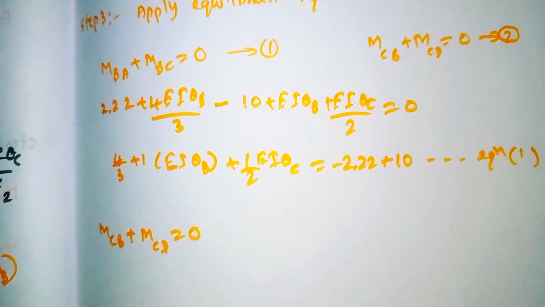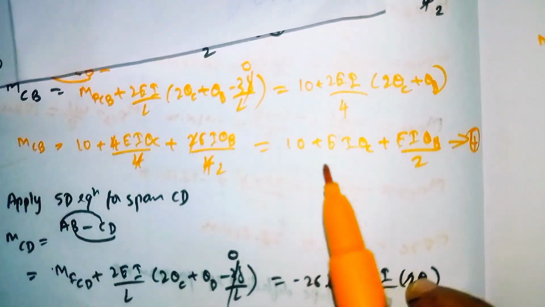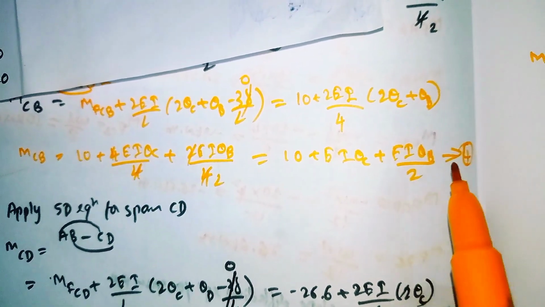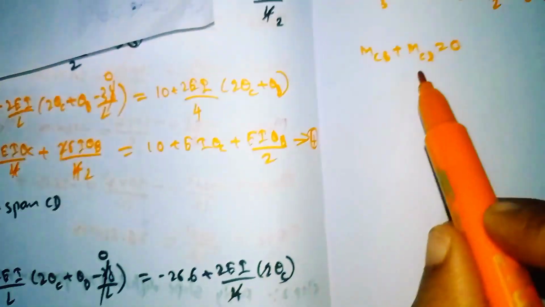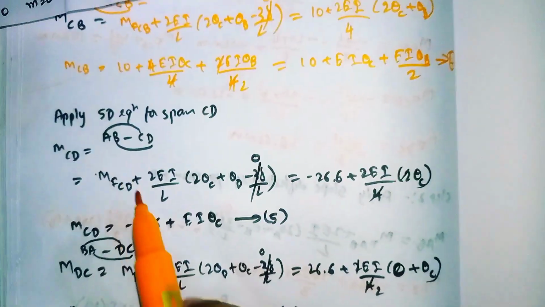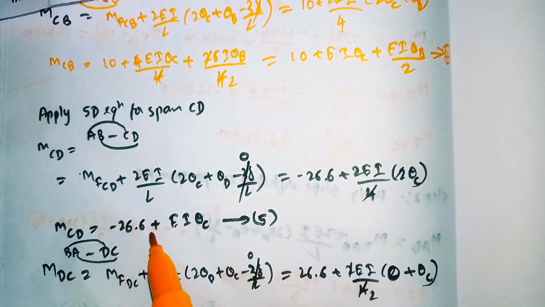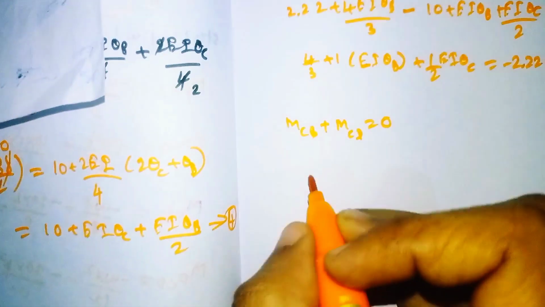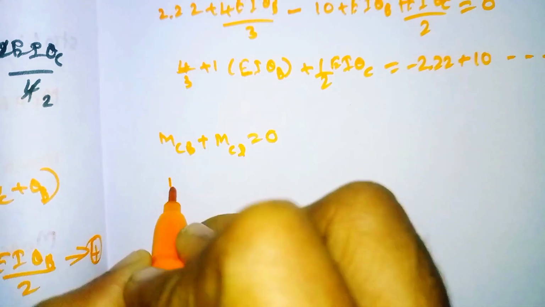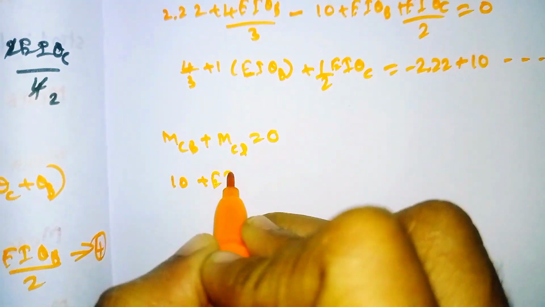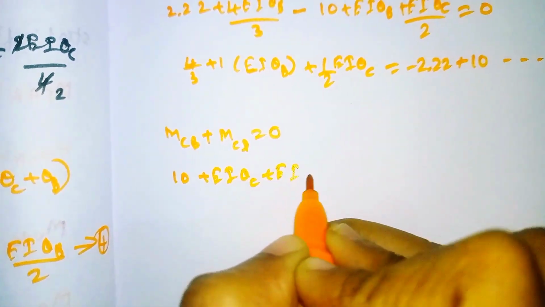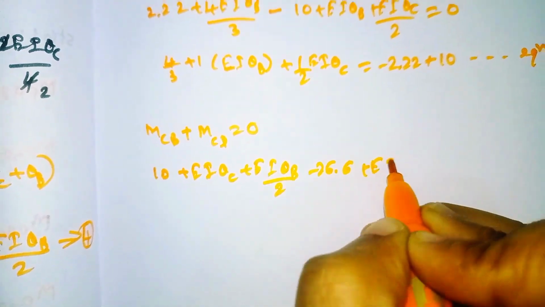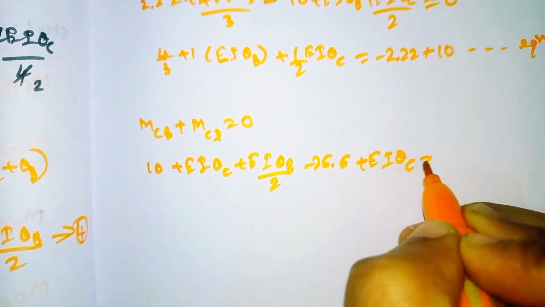The MCB value we got was 10 plus EI theta C plus EI theta B divided by 2, and our MCD value we got was minus 26.6 plus EI theta C. Substitute these two values here: 10 plus EI theta C plus EI theta B divided by 2, minus 26.6 plus EI theta C is equal to 0.